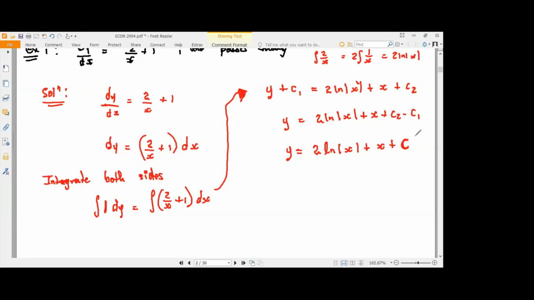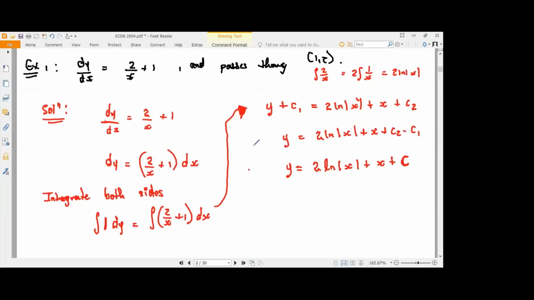But guess what? This currently is an integral curve. We want to know what is the actual equation of this integral curve. So what we're going to do, we're going to use the information given. We know that the curve passes through (1, 2). And remember that when you have coordinates, we know (1, 2) is on the curve. So all we need to do now is substitute values. Ready?